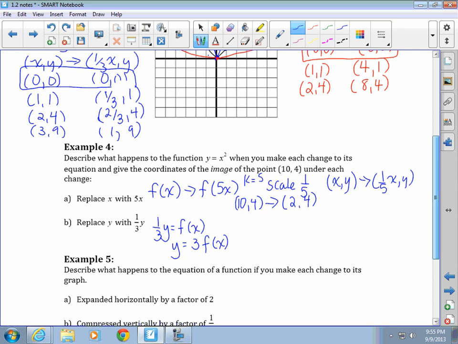So then that means that you have a factor here of 3. So your (x, y) coordinate is going to go to (x, 3y). So 10, 4 goes to 10, 12.